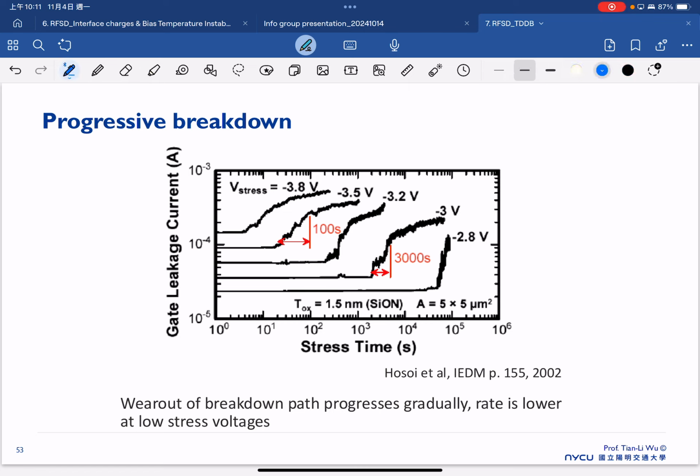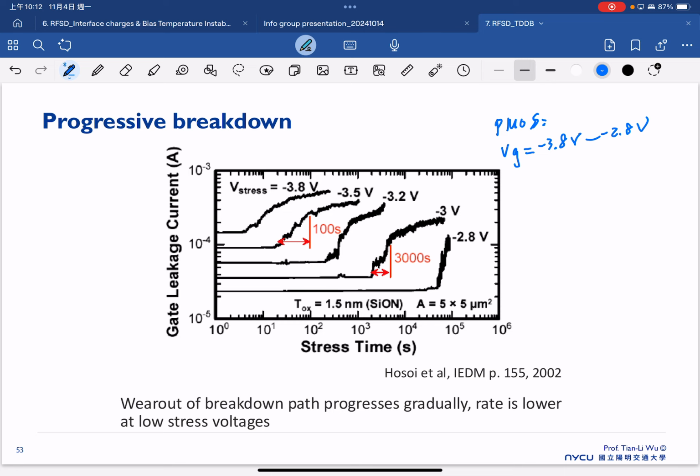This is an experimental result done on the PMOSFET, where we give a negative bias. This is a VG bias between minus 3.8 volt and minus 2.8 volt.